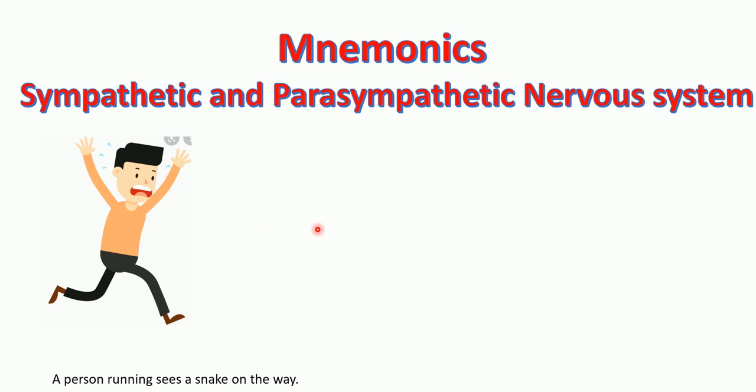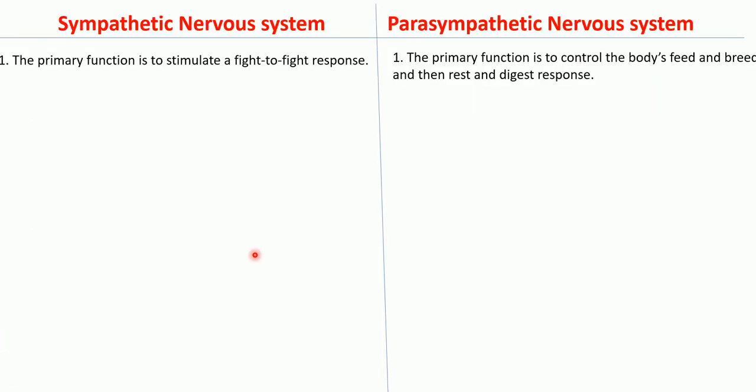Okay, so just put these things in your mind, which will help you understand the differences between sympathetic and parasympathetic nervous system functions, which I will talk about now. So what are the differences then? The first difference is that the primary function of the sympathetic nervous system is to stimulate the fight or flight response, whereas the function of the parasympathetic nervous system is the rest and digest response.